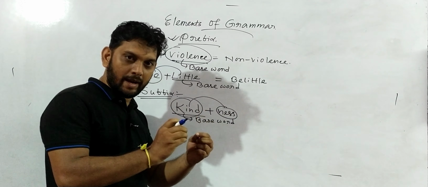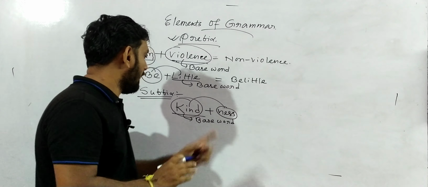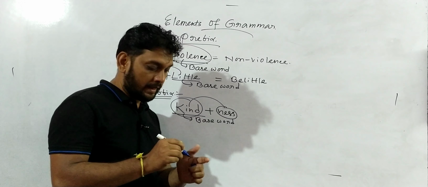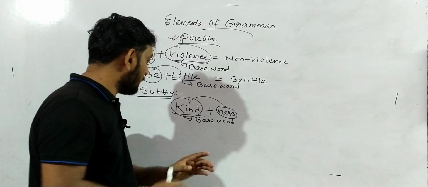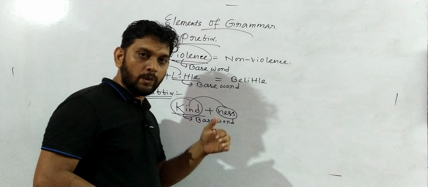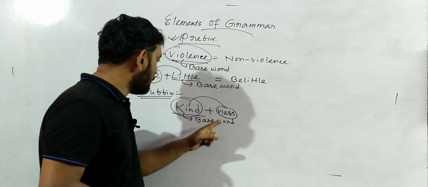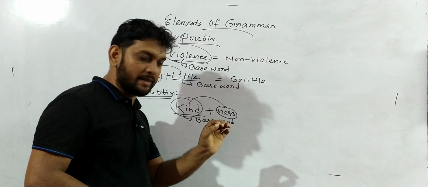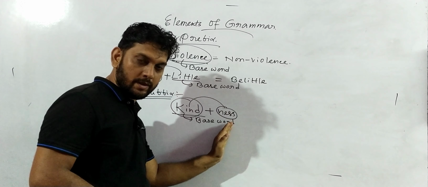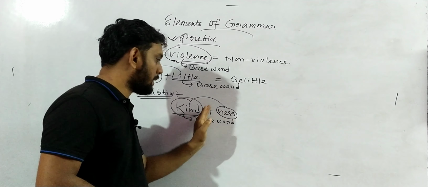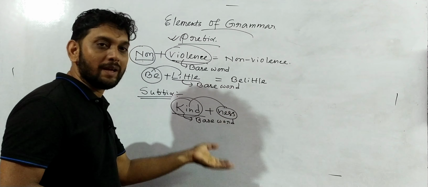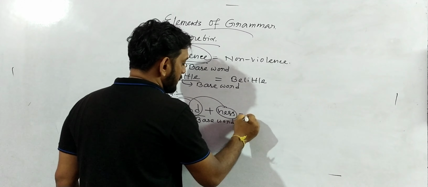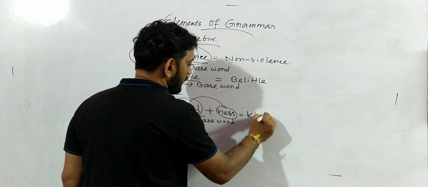And when you add a group of letters at the end of the word, I stress here, at the end of this word, the base word kind, it will form a new word. You see that kind plus ness equals kindness.